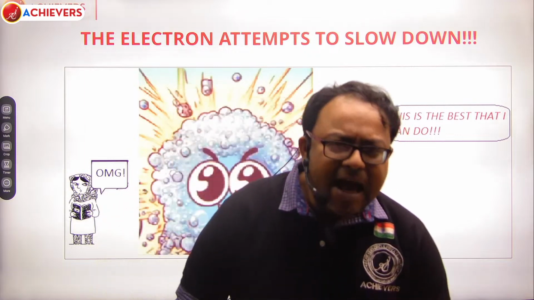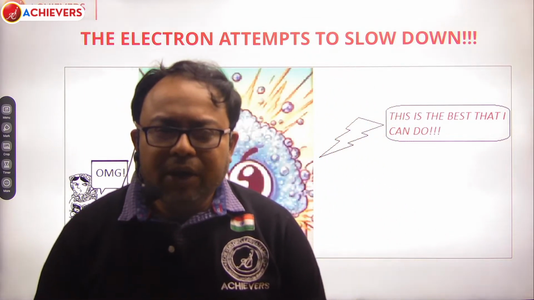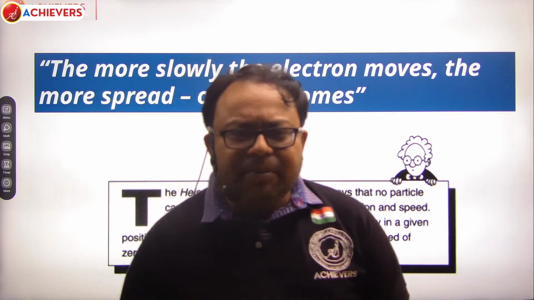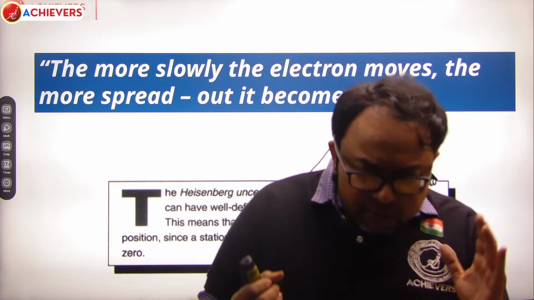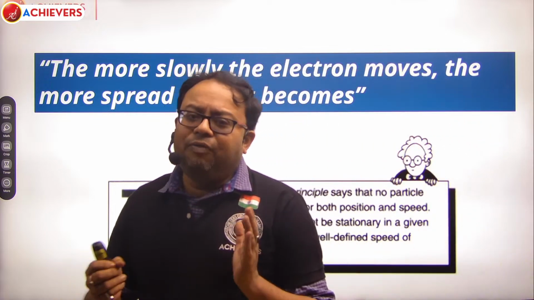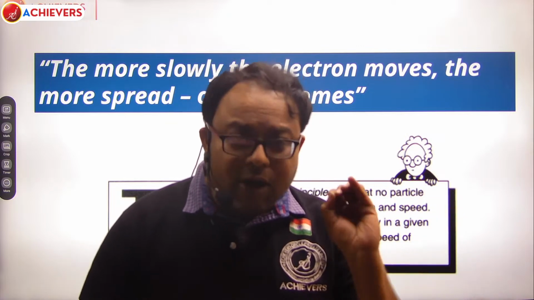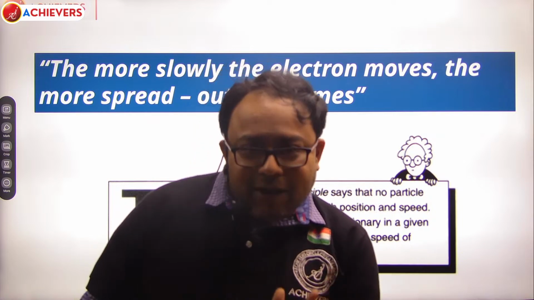Now, why is it happening so? If you're acquainted with Heisenberg's uncertainty principle, then you can say that both momentum or velocity and position cannot be ascertained precisely at a particular instance. I'm not talking about a moment, because moment will relate you with time.